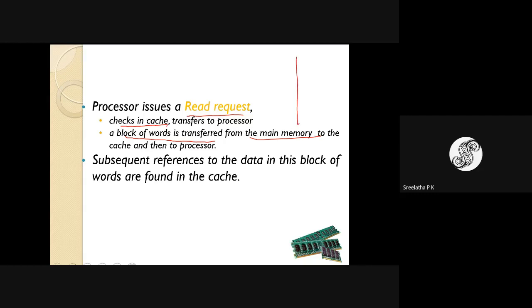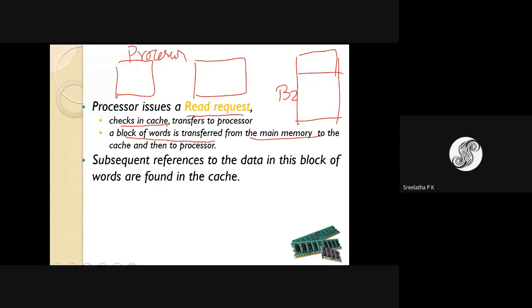Suppose this is block 2. Cache and primary memory also will be empty initially. This is the processor. The processor wants to execute the instruction F1, which is here. It checks in cache. It is not there. So it takes the instruction from primary memory, or if it is not there, from secondary memory.